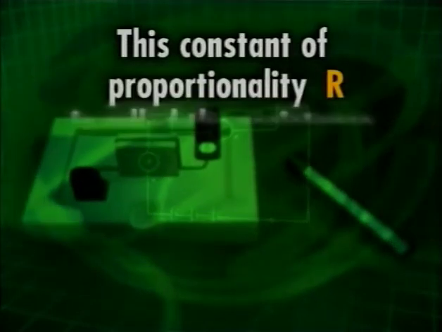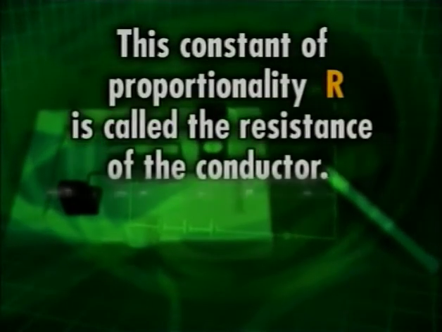This constant of proportionality R is called the resistance of the conductor.